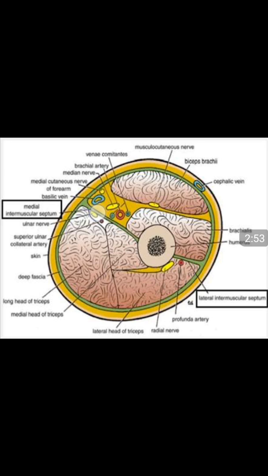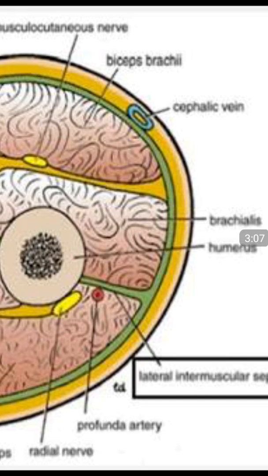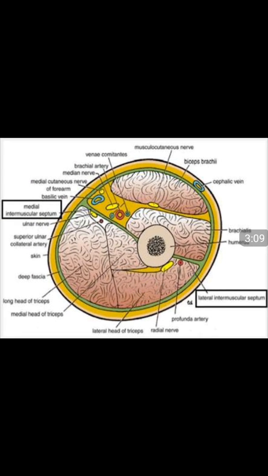These intermuscular septi get attached onto the bone, and they merge with the periosteum. So this is a complete curtain or complete separation between the anterior and posterior compartment. In the center is bone. On either side we have intermuscular septi. So this is how muscles get separated completely from each other.